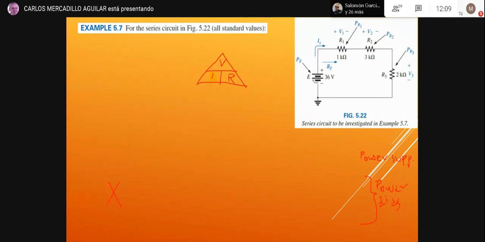We have 36 volts as power supply, voltage supply or battery. These are the values of the resistors. Then we will have a current in this direction because this is the positive side, goes from plus to the minus sign. And this current will produce a voltage drop at each resistor.